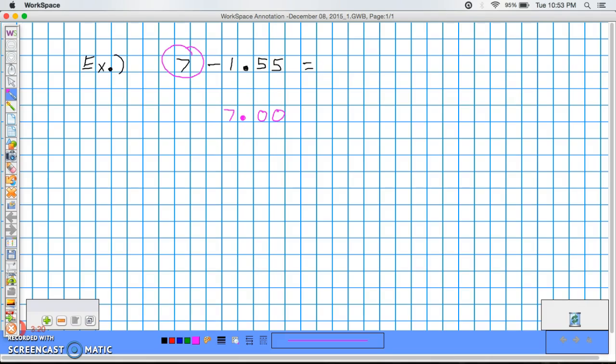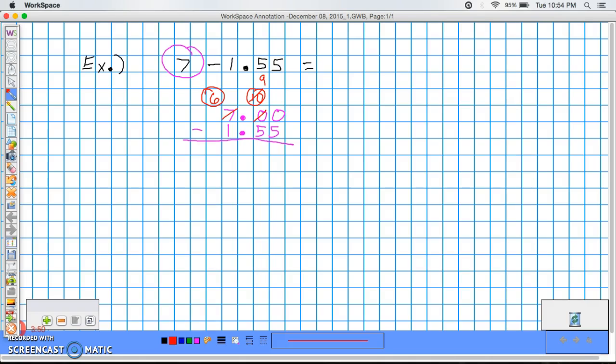Now let's get the other number, minus 1 and 55 hundredths. Okay, then we can subtract 0 minus 5. We can't do that. We got to borrow from our neighbor. Uh-oh, we can't borrow from here. That's a 0. So then we borrow from the 7. That 7 turns into a 6. I circle the 6. I give it to this 0. This 0 becomes a 10, but I have to give it to the other 0.